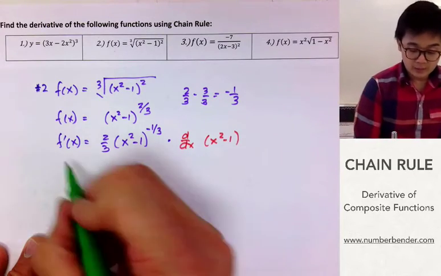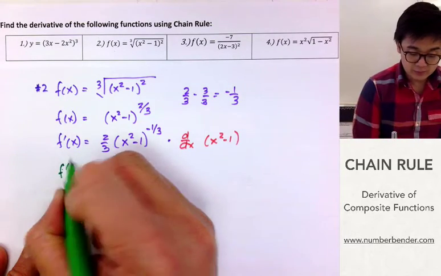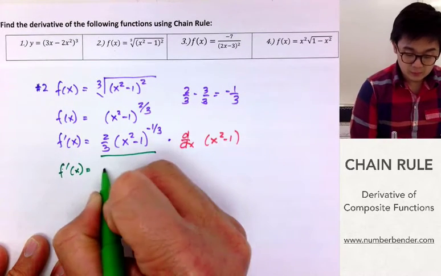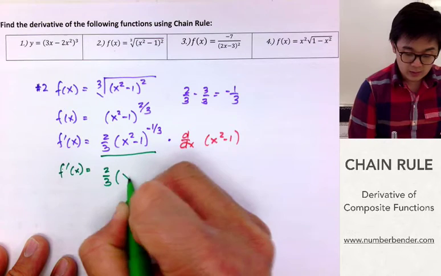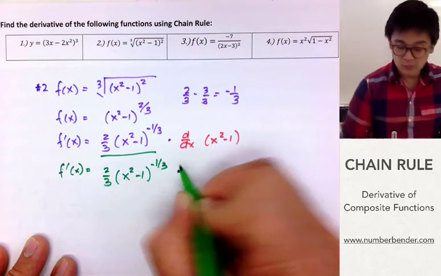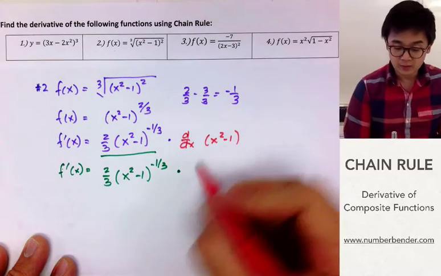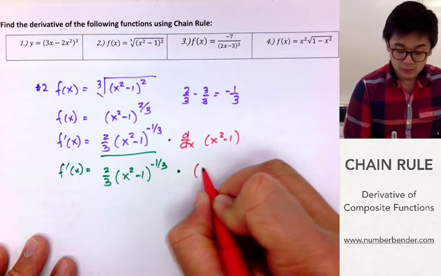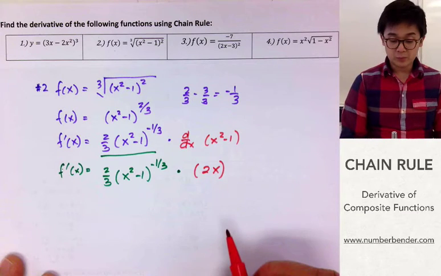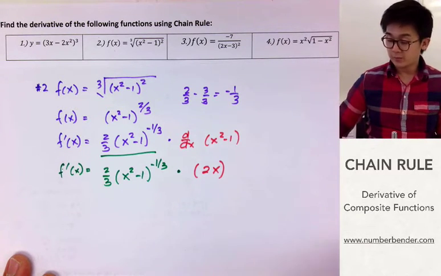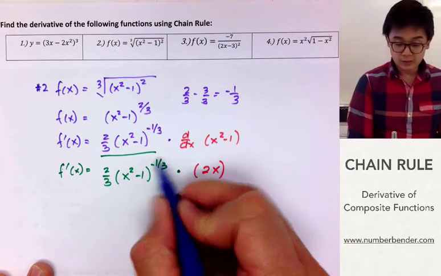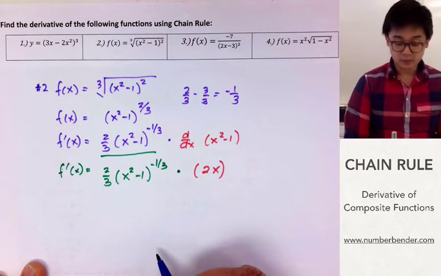So in our next stage of the chain rule, we will copy this, which is 2/3 (x squared minus 1) to the negative 1/3, multiplied by the derivative of x squared minus 1, which is simply 2x. So this is now our derivative function, but we can still further simplify this by changing it into a radical function because we have a fractional exponent.